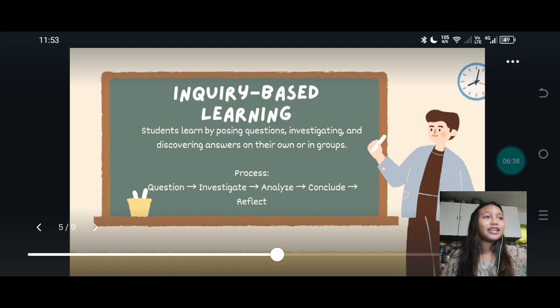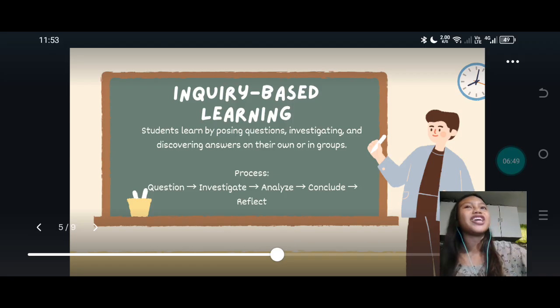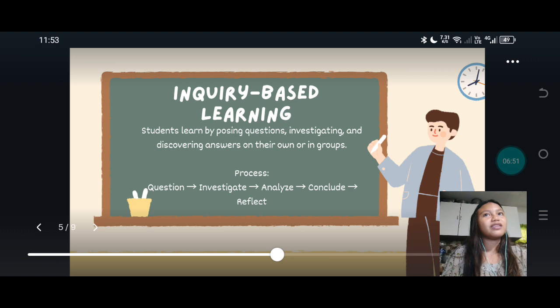For example, in a science classroom, a student explores what causes climate change. By searching what climate change is first, and then learning the different causes of climate change, they'll conduct a simple experiment and present the findings. So what are the benefits of inquiry-based learning?